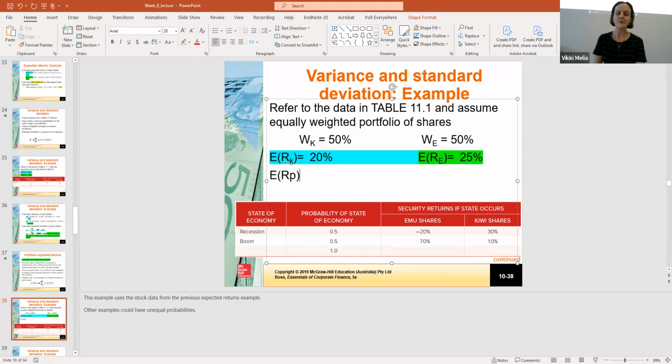So the expected return from our portfolio, made up of shares in Kiwi and shares in EMU, is equal to 50% of our money is invested in Kiwi, and the expected return from Kiwi is 20%, plus 50% of our money is invested in EMU, and the expected return from EMU is 25%.